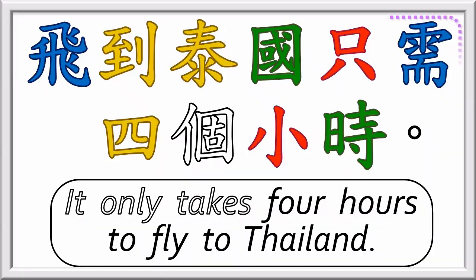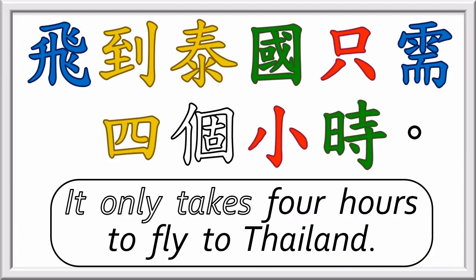Notice the two idioms, 一知半解 and 另请高明。一知半解 literally translates as to know one thing, but only understand half of it. In other words, to have inadequate or scanty knowledge of a topic. 另请高明 we've seen several times before, meaning to ask someone more qualified than oneself. 只需 is short for 只需要, which directly translates as it only needs or it only takes. 飞到泰国只需4个小时.